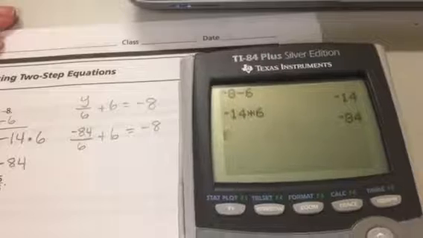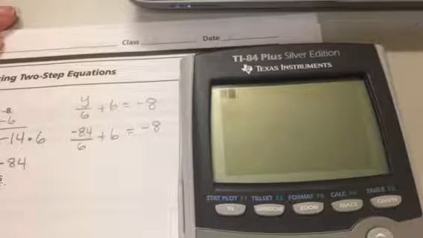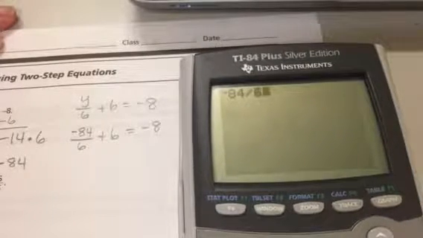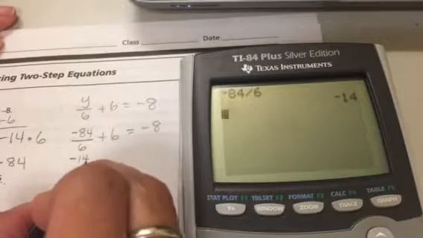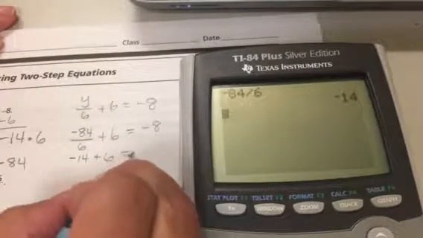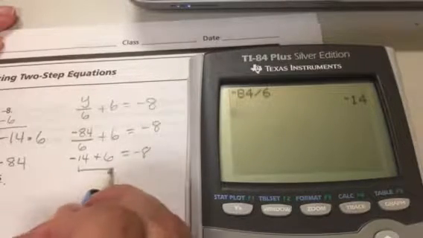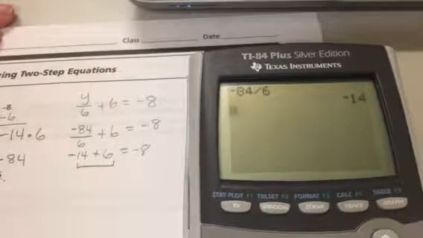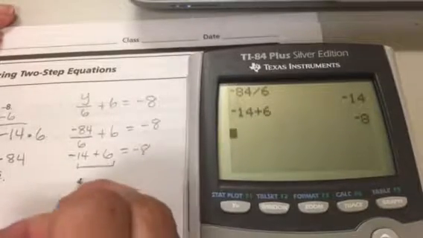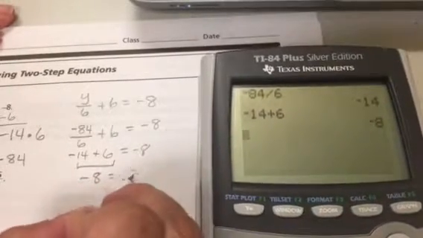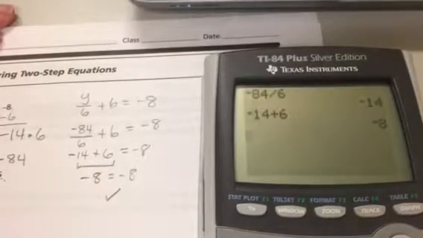Well, in my calculator, I'm going to type in negative 84 divided by 6. And they tell me that is negative 14 plus 6 should be negative 8. Okay, so now I'm going to type that in. Negative 14 plus 6 is negative 8, and that's what we wanted it to be, so it checks.